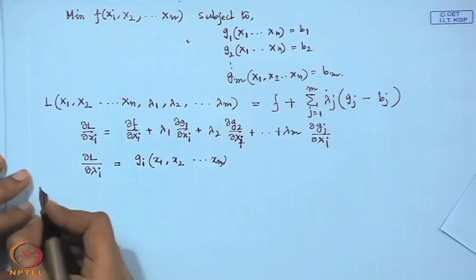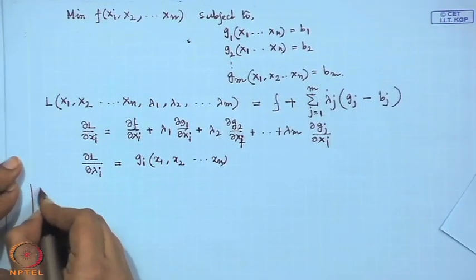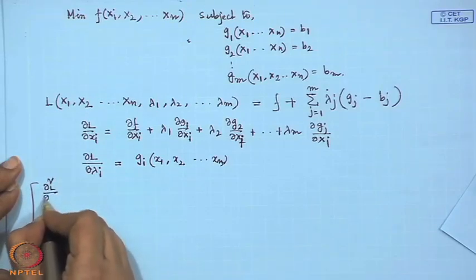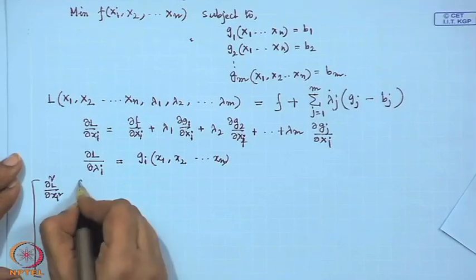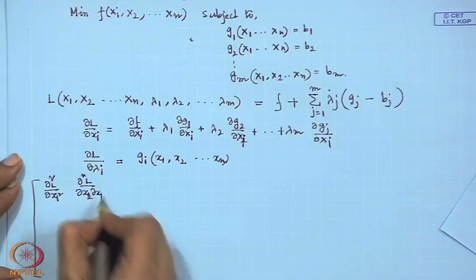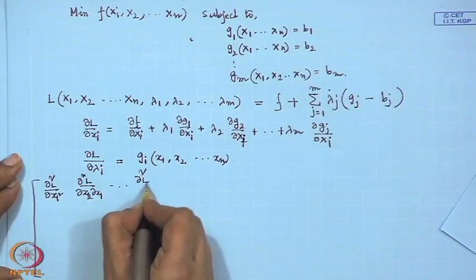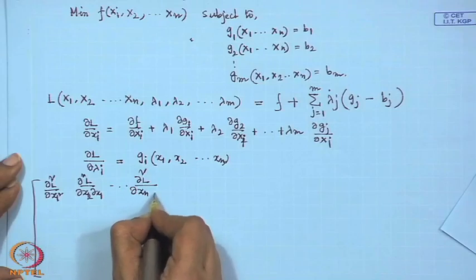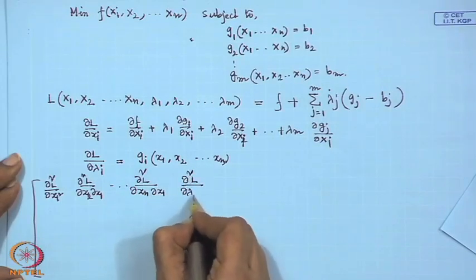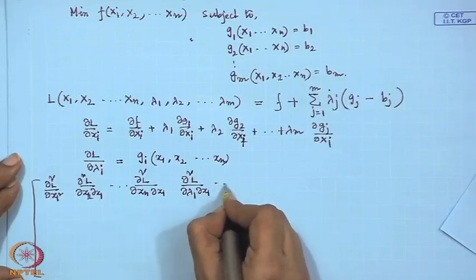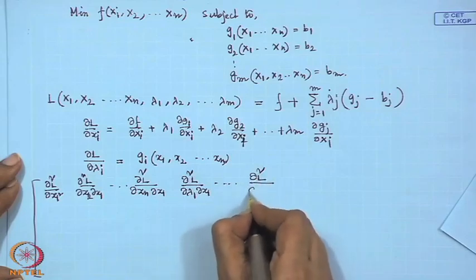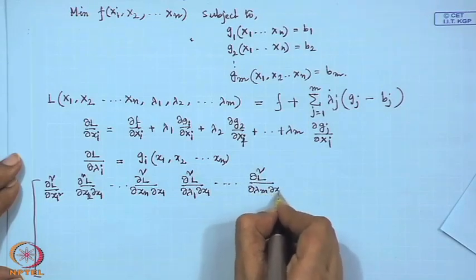Now, we are constructing the Hessian matrix. How does the Hessian matrix look? The first row would be del 2L by del x1 square, del 2L by del x1 del x2, and so on up to del 2L by del xn del x1, and then del 2L by del lambda 1 del x1, and in this way the last element of this row would be del 2L by del lambda m del x1.